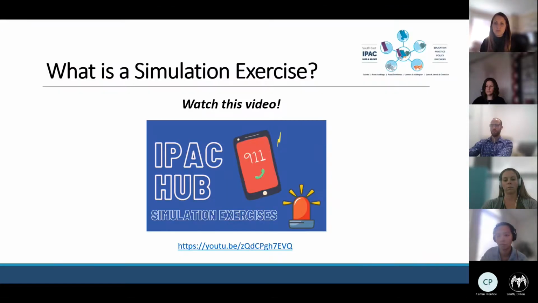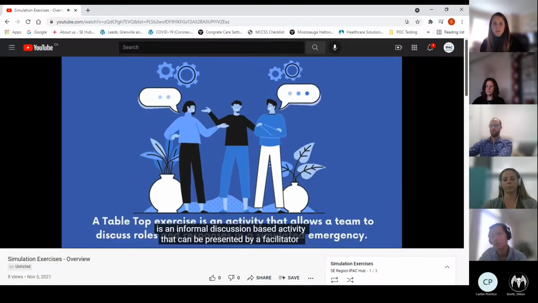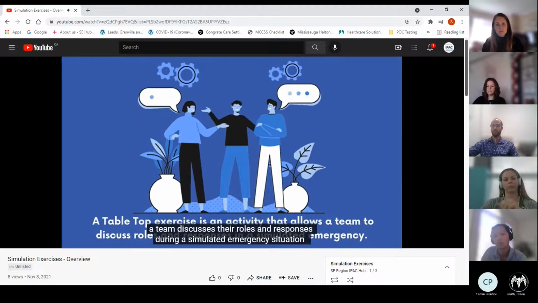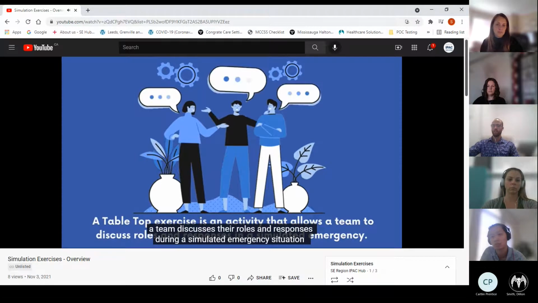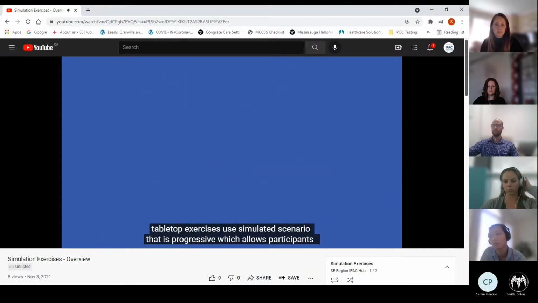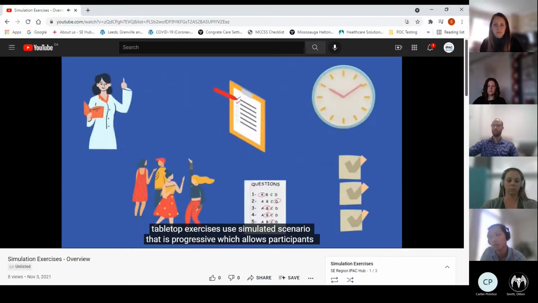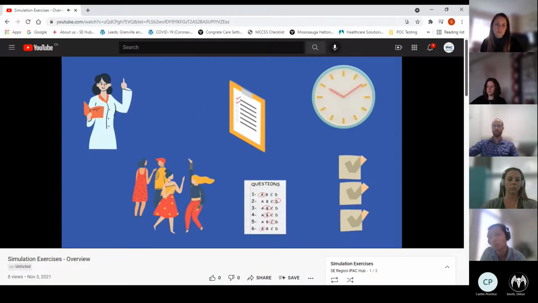First, what is a tabletop exercise? A tabletop exercise is an informal discussion-based activity that can be presented by a facilitator. A team discusses their roles and responses during a simulated emergency situation. Tabletop exercises use simulated scenario that is progressive, which allows participants to consider the impact of a potential health emergency on existing procedures.